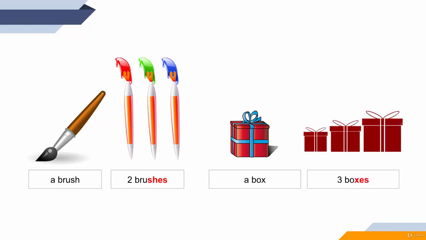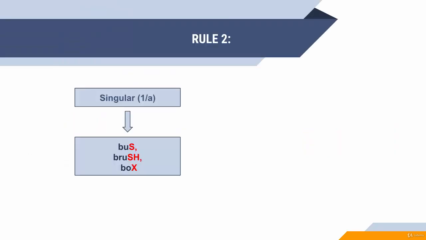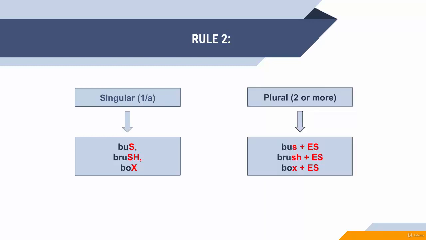three boxes. So the rule is that when the singular noun finishes in s or sh or x or tch, as watch, and you want to make the plural form, you add es. Remember this one.